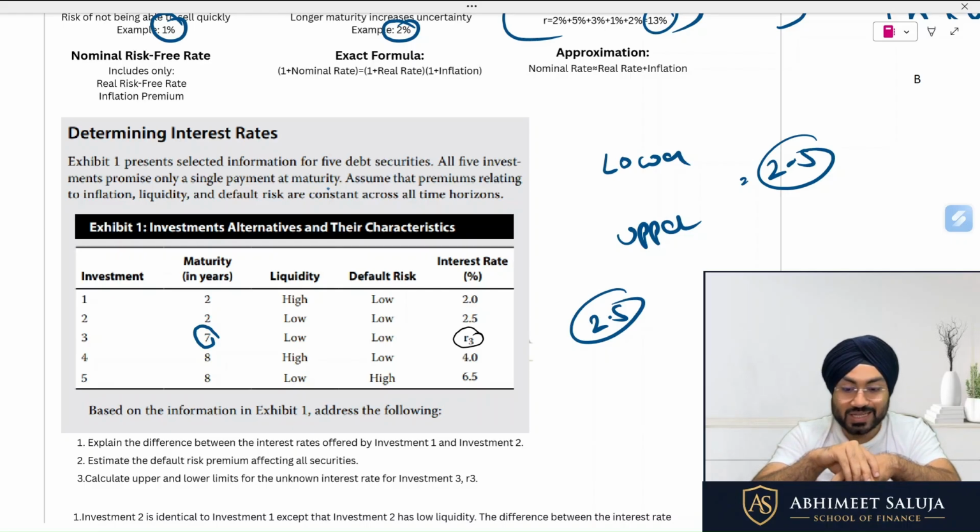So I at least need 2.5% from the third bond. The lower limit should be 2.5%. What should be the upper limit?